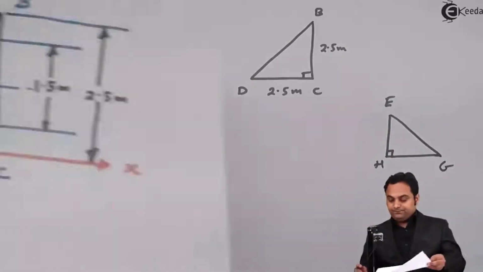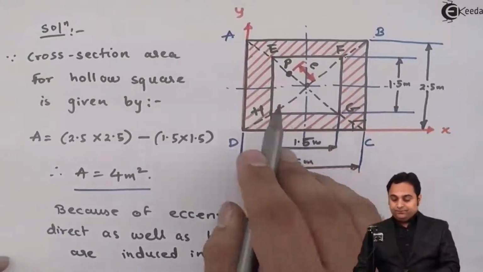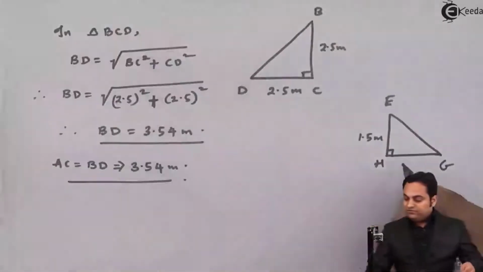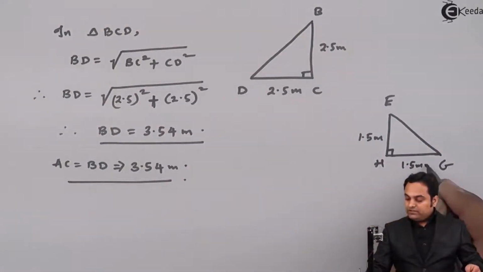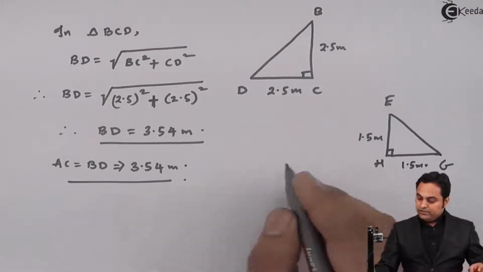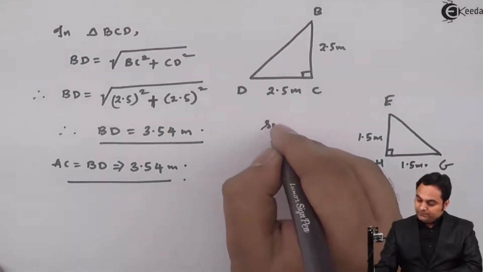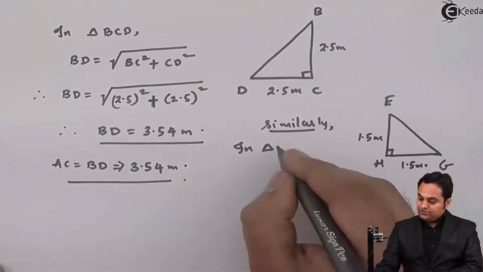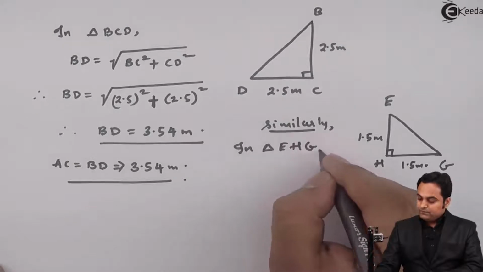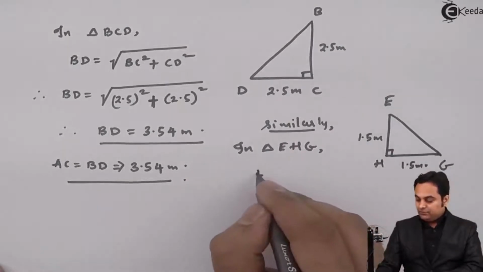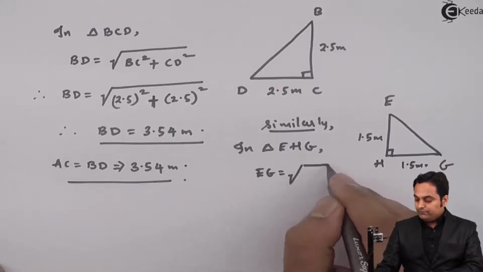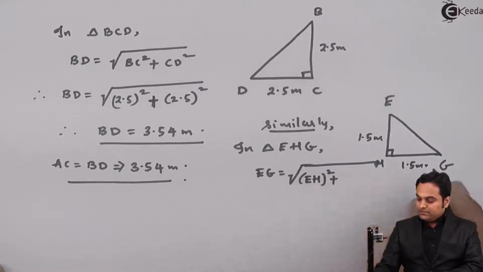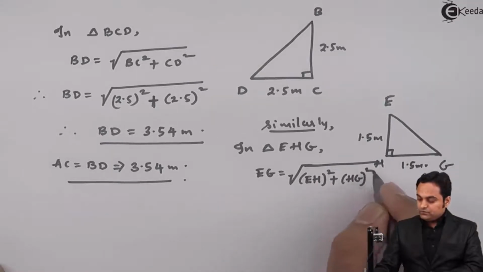In this triangle EHG, EH is 1.5, HG is 1.5. So I can easily get the value of EG. So again I'll say that similarly in triangle EHG, by Pythagoras theorem, EG is equal to root of EH square plus HG square.